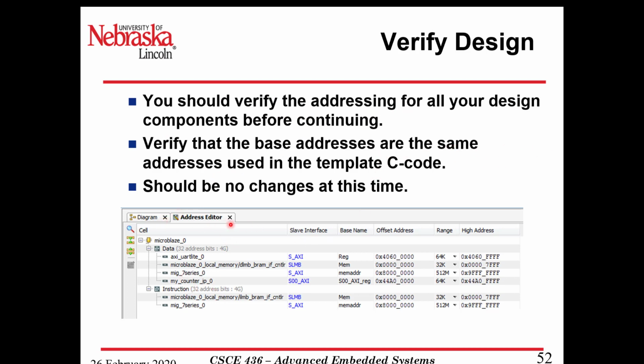You go under the address editor, and you can verify the addresses of your design. Right, so your UART is going to be at 40,600,000. Your IP counter is at 44,800,000.